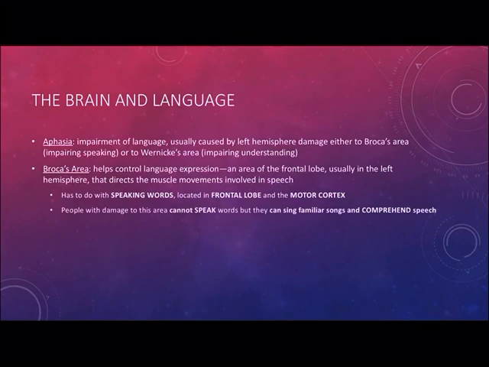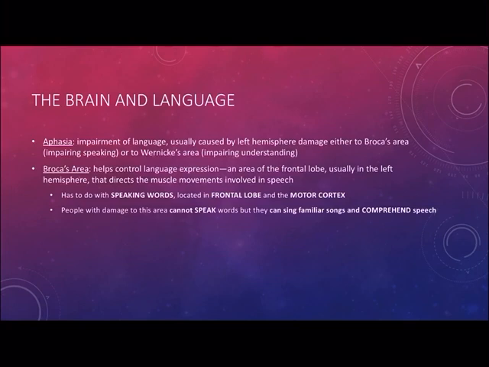People with damage to Broca's area cannot speak words, but what is interesting is they can often sing familiar songs. And that's because the part of your brain that's responsible for singing is in a totally different place than the part of your brain that's responsible for language production. So even though you can't form the correct muscle movements of your mouth to speak words, you can engage those muscles through using the part of your brain that's responsible for singing. So that's kind of cool.